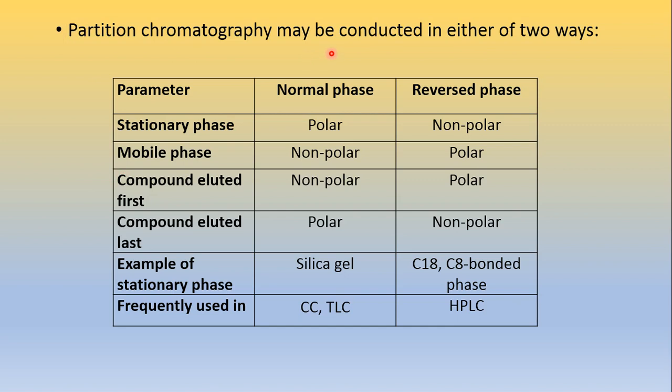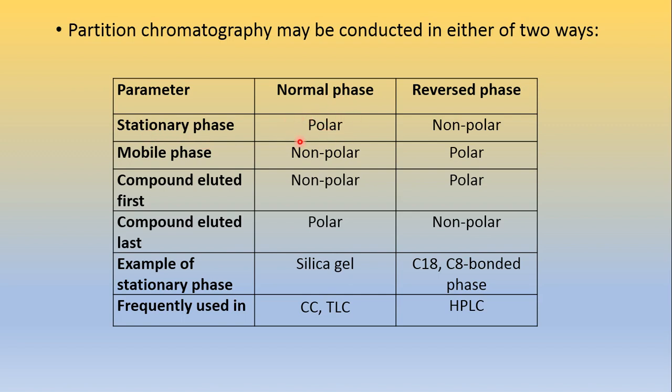So partition chromatography may be conducted in either of two ways, that are normal phase and reversed phase. In normal phase the stationary phase is polar, but in reversed phase the stationary phase is non-polar. So these properties are shown for the specific normal phase.